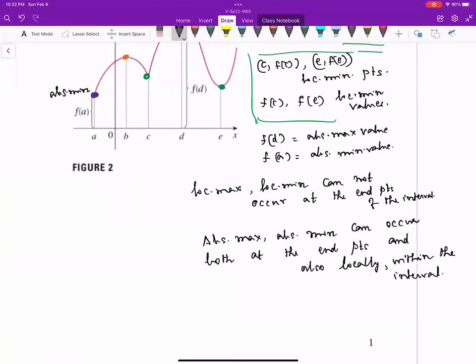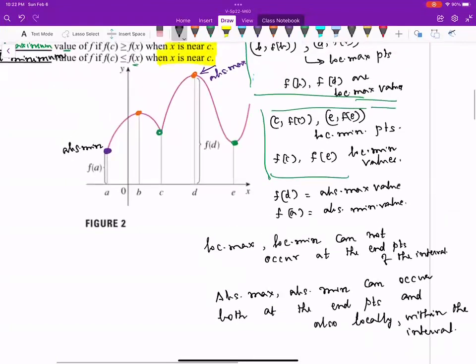Right? So here we notice that the absolute maximum is occurring inside of the interval. The absolute minimum is occurring at the endpoint of the interval.